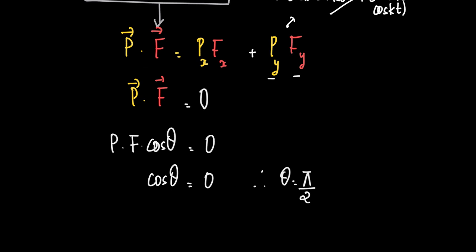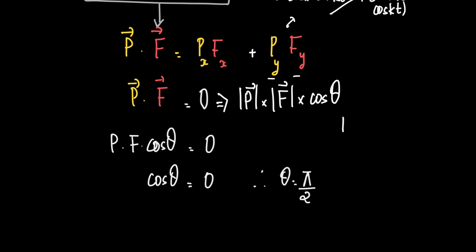Therefore, vector p dot F is equal to 0. Now, what is vector p dot F? It is the magnitude of vector p times the magnitude of vector F times cos of the angle between them. The magnitude of vector p is p, of vector F is F, and cos theta is equal to 0.